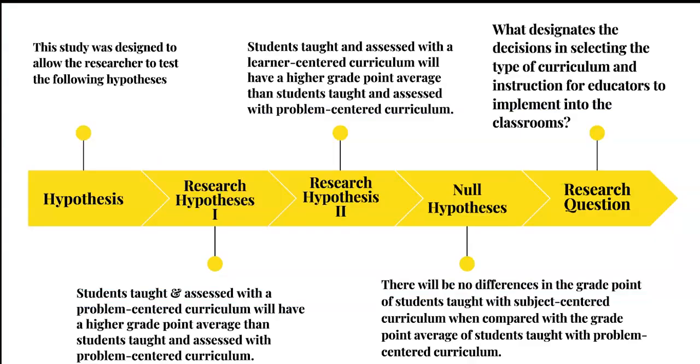In the midst of it, you will find the hypothesis that leads all the way to the research question: what designates the decision in selecting the type of curriculum and instruction for educators to implement into the classroom? As you can read throughout this timeline, both research hypotheses are about what students are taught and assessed with, and have a higher grade point average with, and which one is more effective than the other.